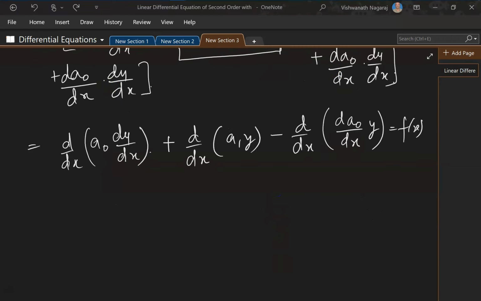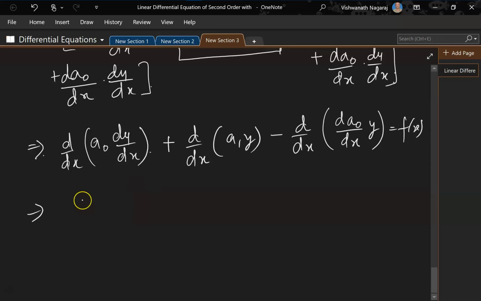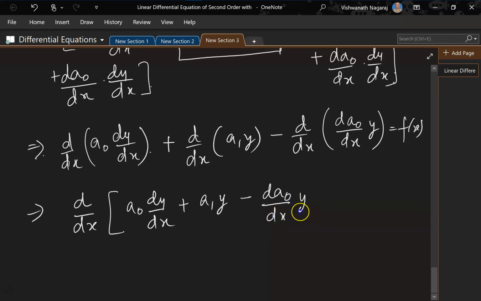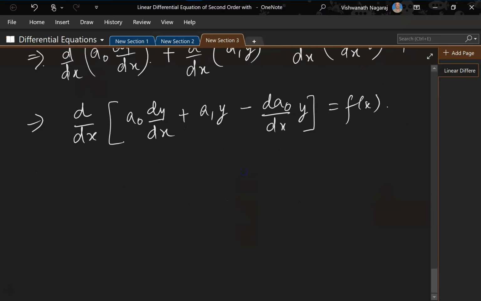Now all the three are being differentiated, so we can combine them into a single differentiation. So d by dx of a naught dy by dx plus a1y minus dA naught by dx y equal to f of x. Now here y and y are common, so again we can simplify this.